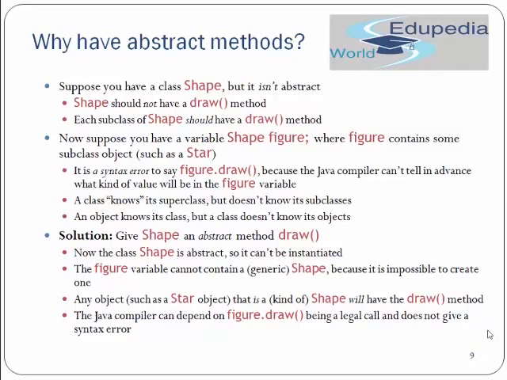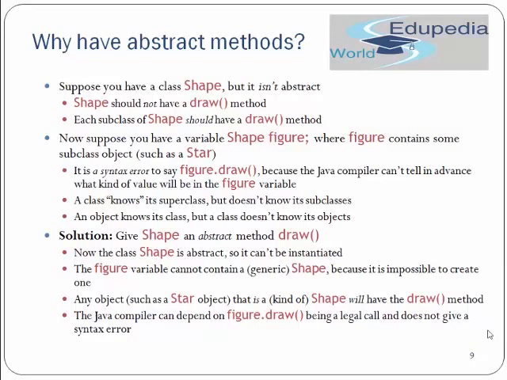There is no object. So what is the solution? The solution will be to give Shape an abstract method draw. Now class Shape is abstract so it cannot be instantiated. The figure variable cannot contain a generic Shape. Why? Because it is impossible to create one. Any object such as a Star object that is a kind of Shape will have a draw method.